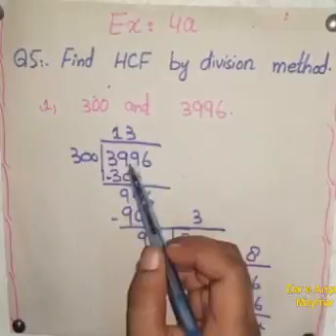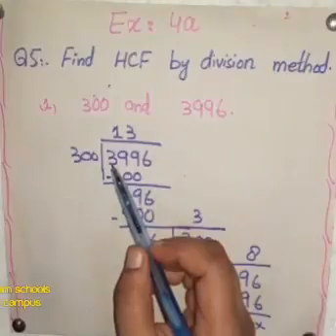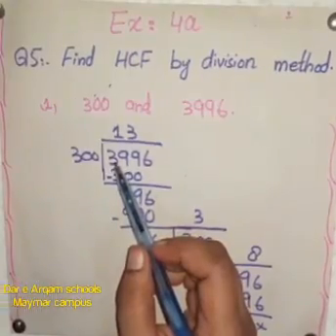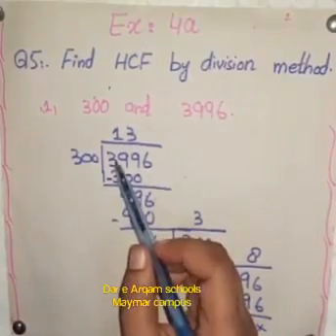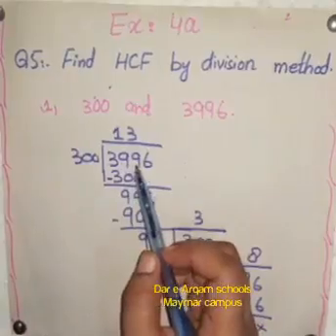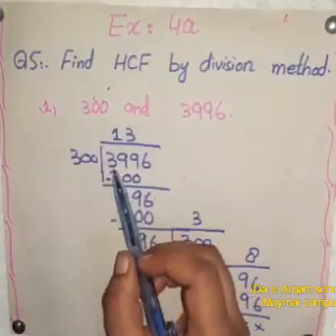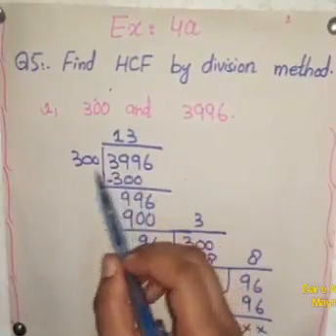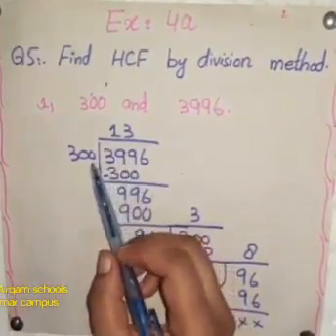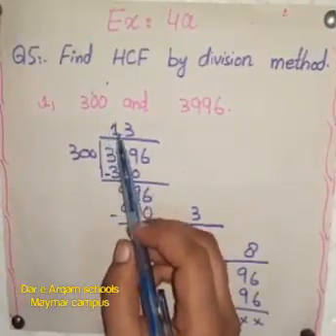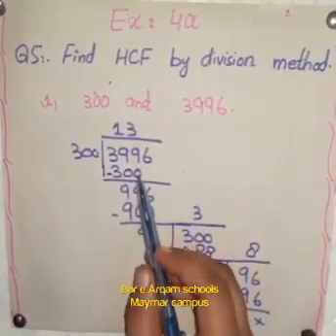Now you will multiply 300 until you get the number nearest smaller than 399. When we multiply 300 by 2, we get 600, which is greater than 399. So we will move backward to get the nearest smaller number to 399, which we get by multiplying by 1, that is 300. And when we subtract these two numbers, we get 99.